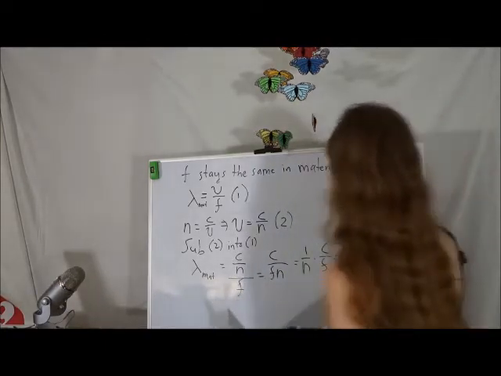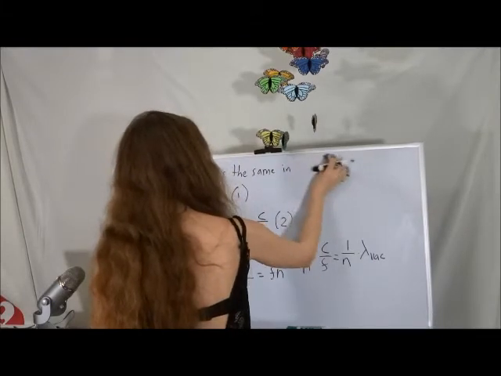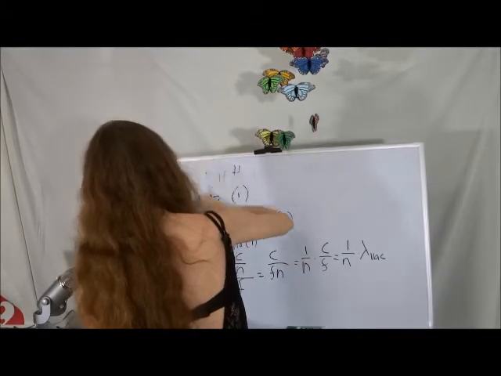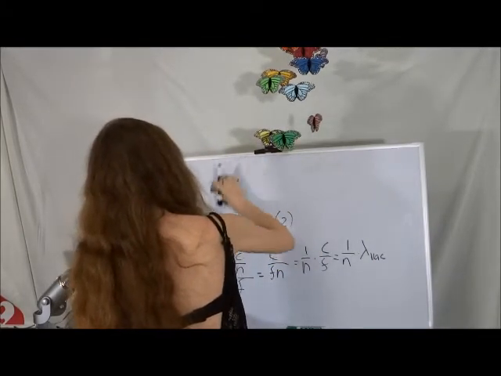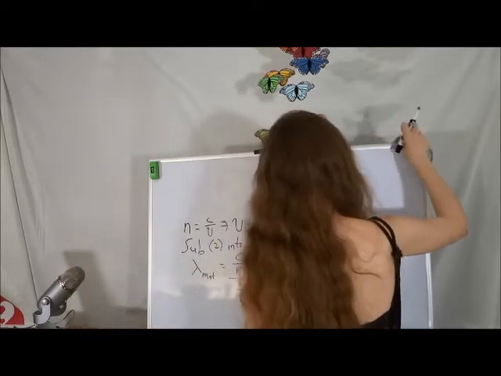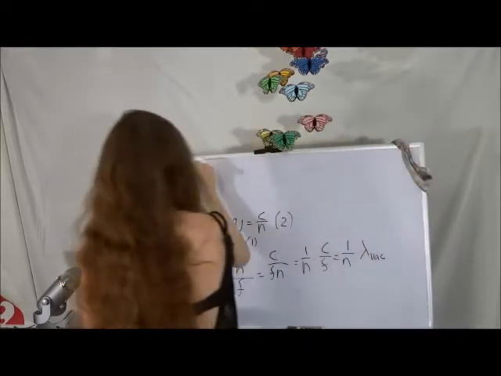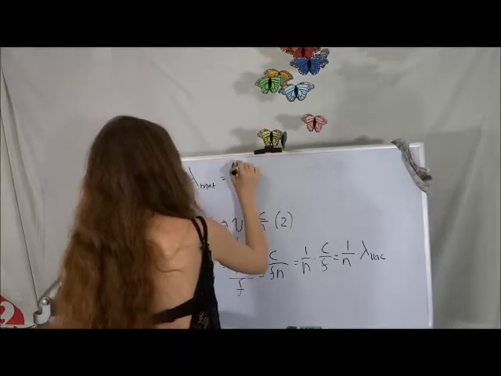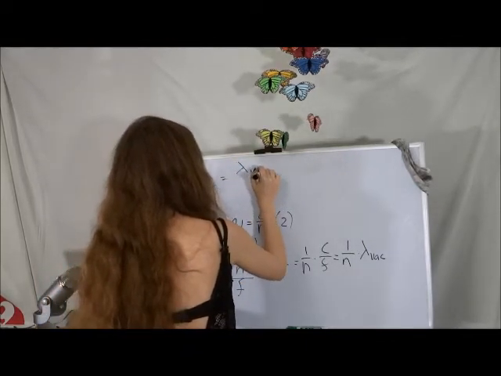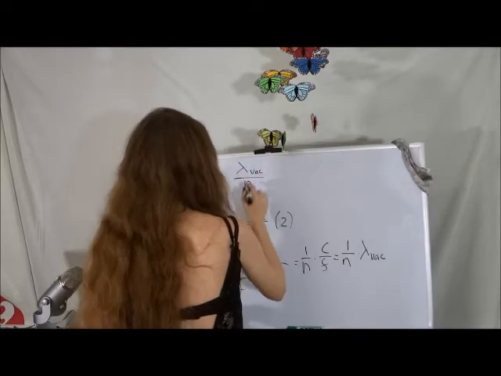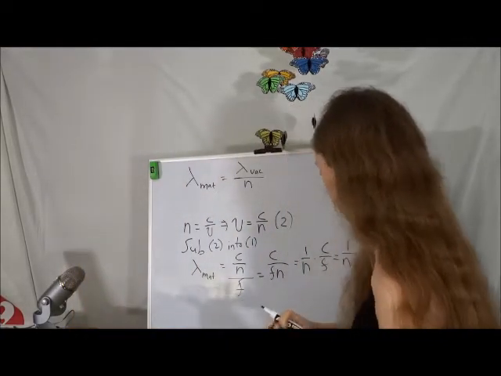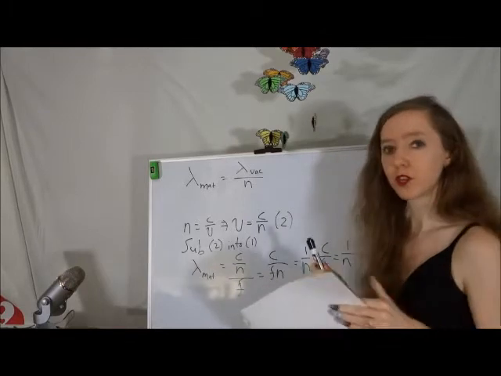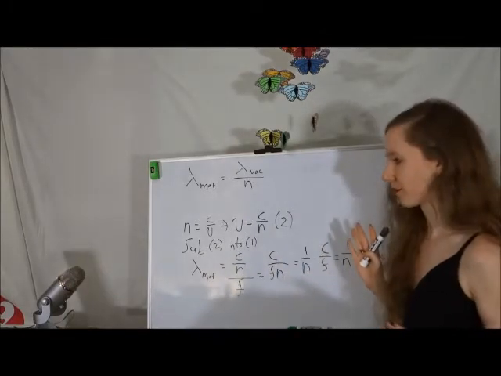So as our final statement of our equation, we will have that our wavelength in material is going to be equal to our wavelength in vacuum divided by our index of refraction. So are there any questions on this?